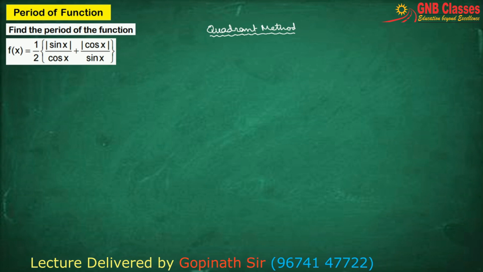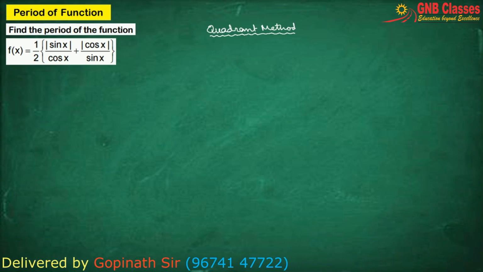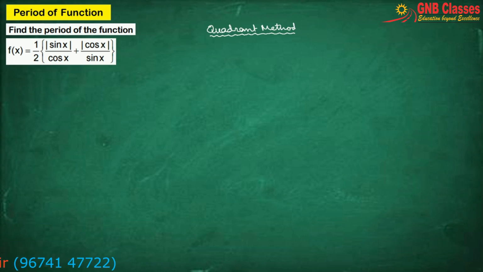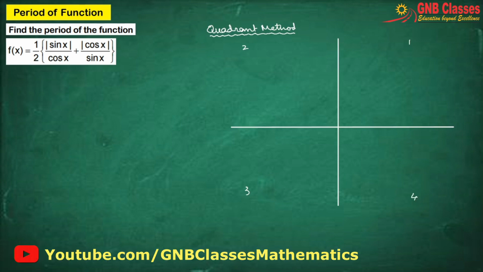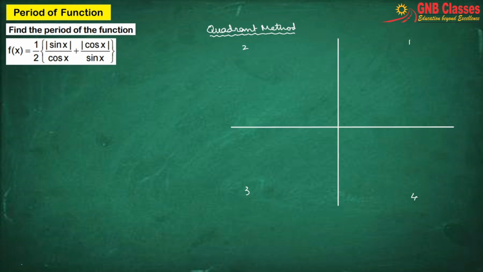So to evaluate the period of such a function by using the quadrant method, we have to remember two very important things. First is, in the quadrant, this is our first quadrant, this is our second, this is third, this is fourth, this we all know. The first point to be noted is, we have to write this function in every quadrant accordingly, removing the mod sign.